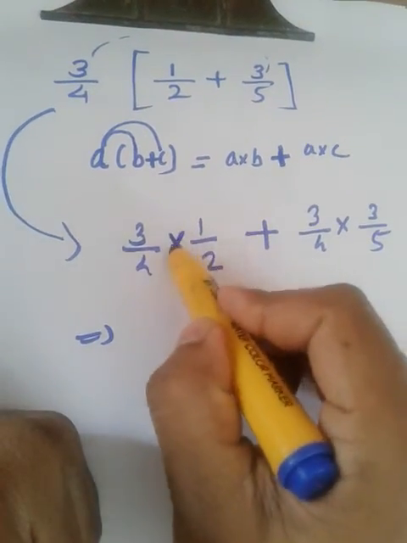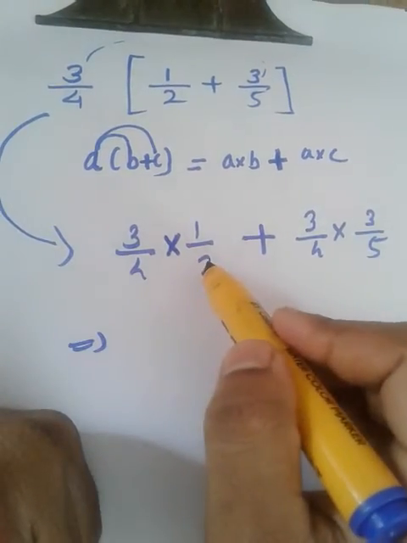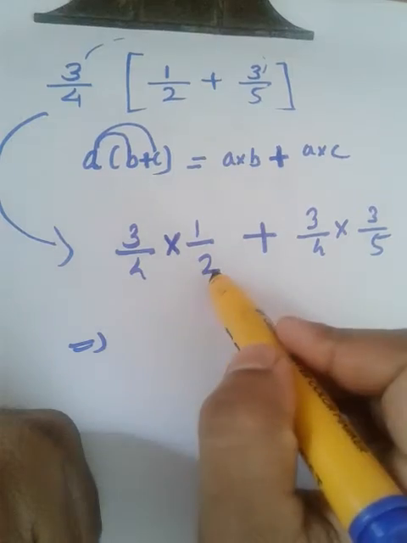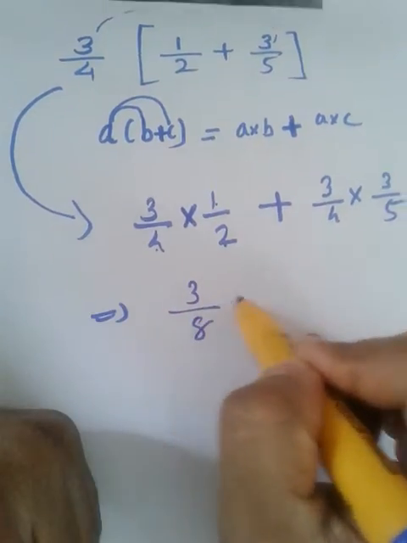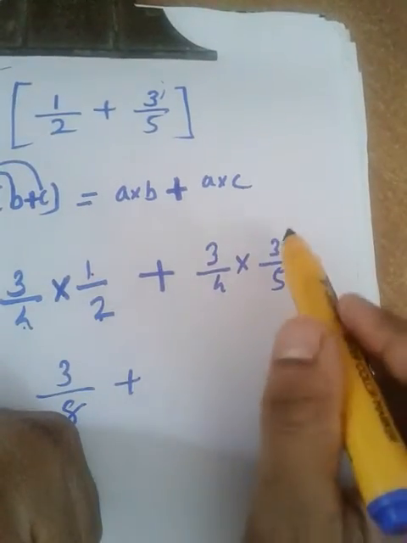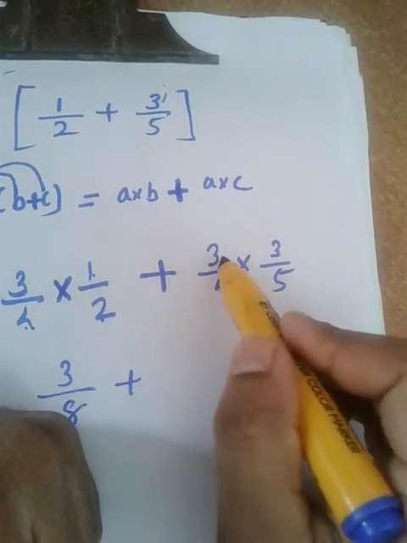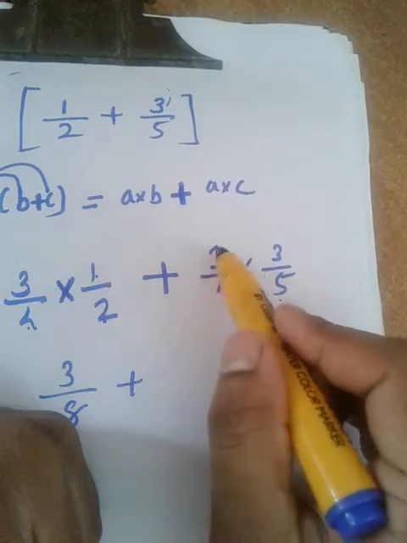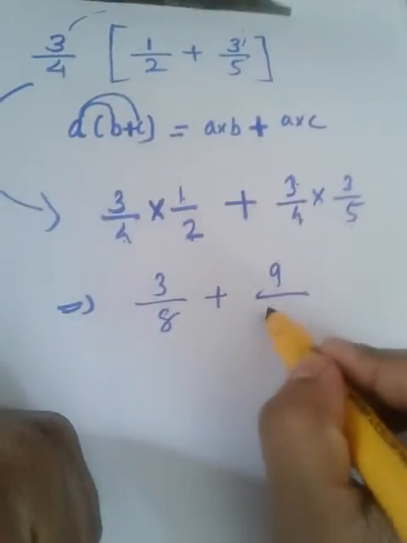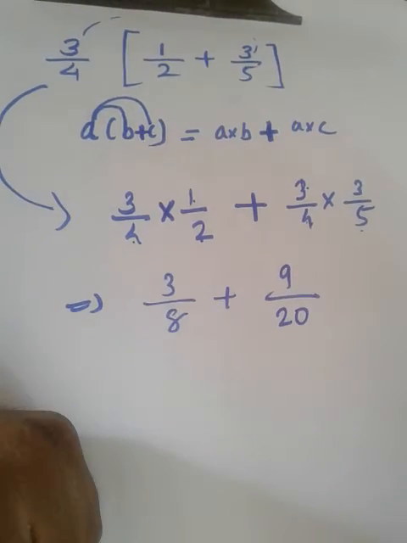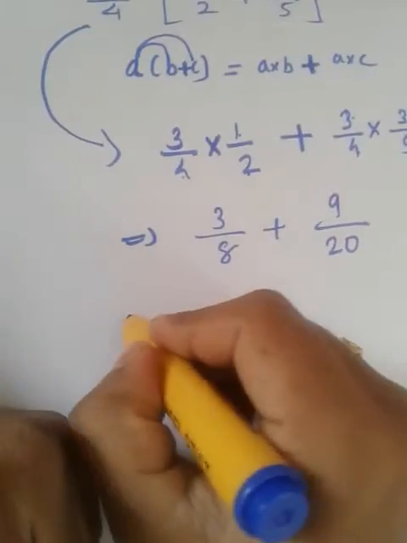How can we multiply two fractions? Multiply the numerators and multiply the denominators. 3 into 1 is 3, 4 into 2 is 8. Plus, here also we multiply the numerators: 3 into 3 is 9, 4 into 5 is 20.